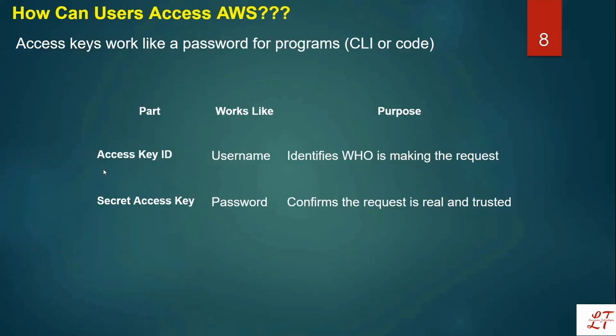The purpose of the access key ID is to identify who is making the request, and the purpose of the secret access key is to confirm the request is real and trusted. So it is used when you're trying to access your AWS services on your command line interface or by SDK, that is, accessing through programming languages like Python, Java, JavaScript, etc.